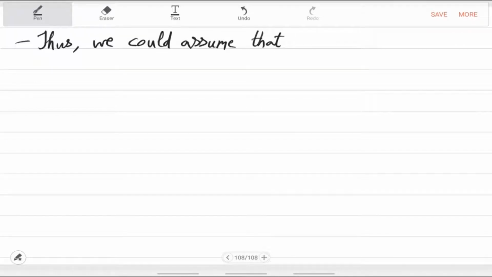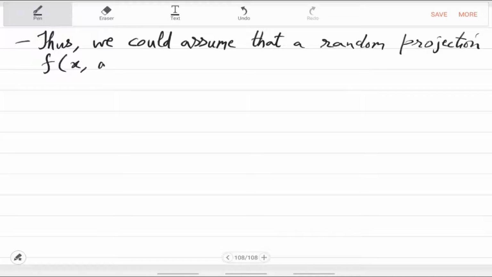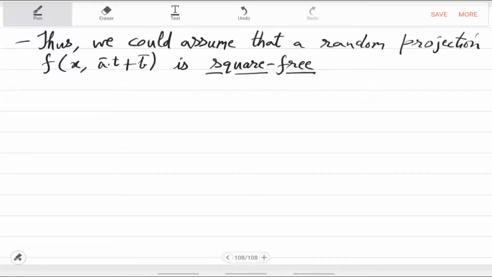that a random projection f(x, a bar t plus b bar), with one new variable t, is square free with high probability.